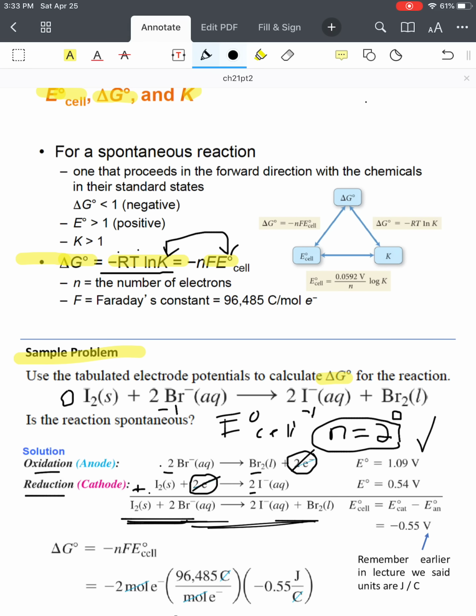And here that's 2, okay? Sometimes that's the hardest part of these problems for people, but we're going to get back to that. We're not going to use that right now, though. What we are going to do first is find the standard cell potential. Now that we know what's the oxidation and what's the reduction, we can look up the values from the table.